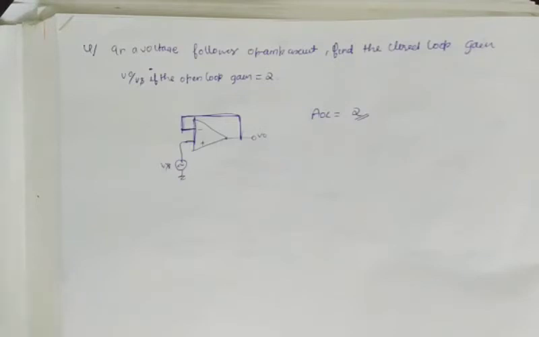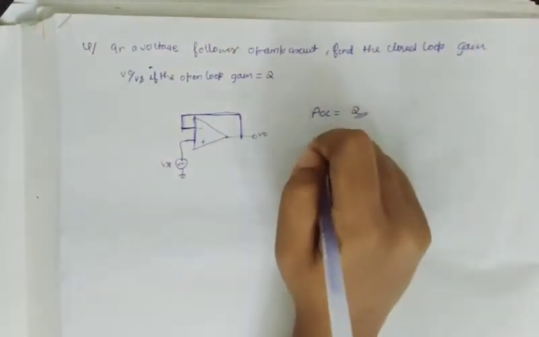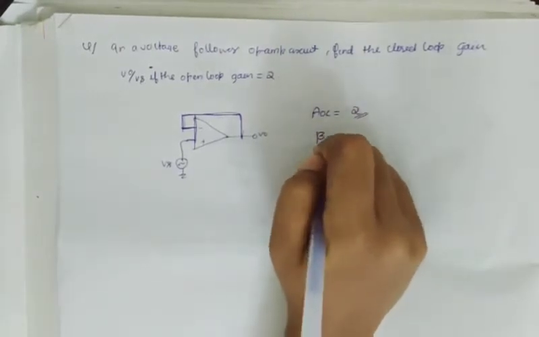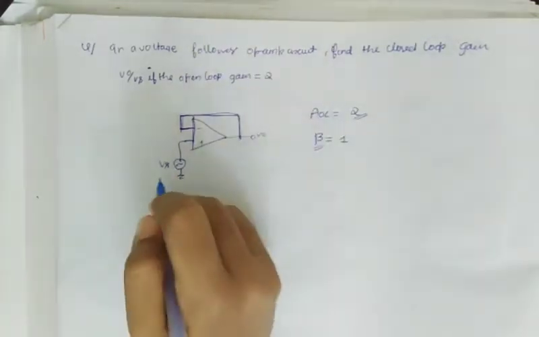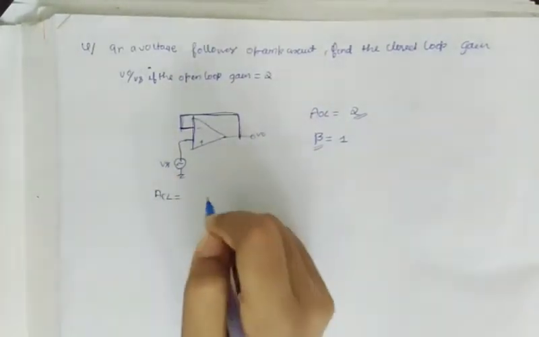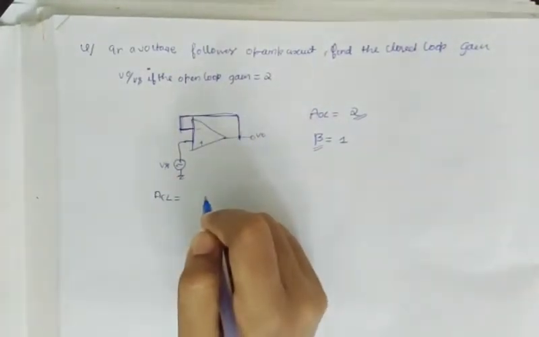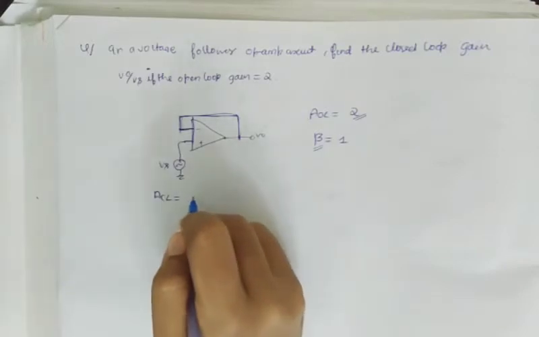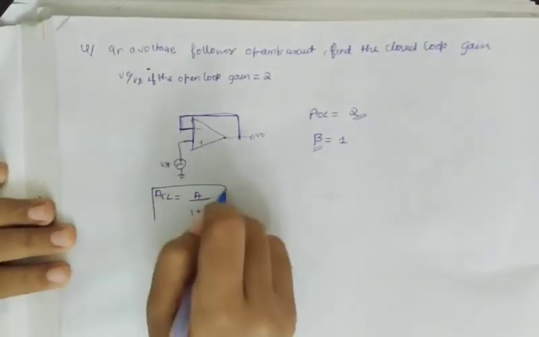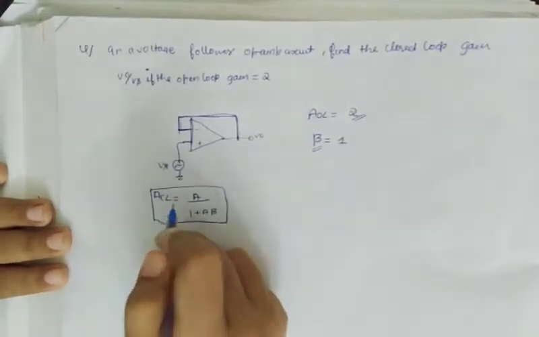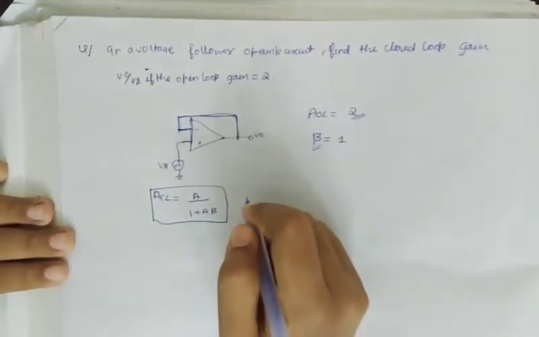Since it is a unity feedback circuit, our feedback gain will be equal to 1. So what is our closed loop gain? To find the closed loop gain from the open loop gain, the formula is A divided by 1 plus A beta. Please keep this in mind, make a formula book and write this in a box.